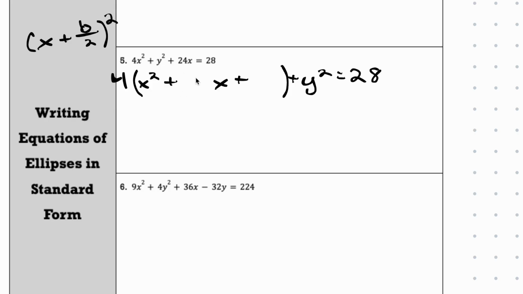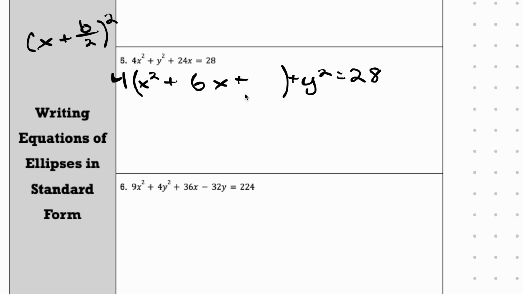When we factor 4 out of 24, we get 6. So we have x squared plus 6x plus something, and all that times 4. Here we see this is our factored form for a perfect square, and when we FOIL this out, we're going to get b over 2 squared as our c value.